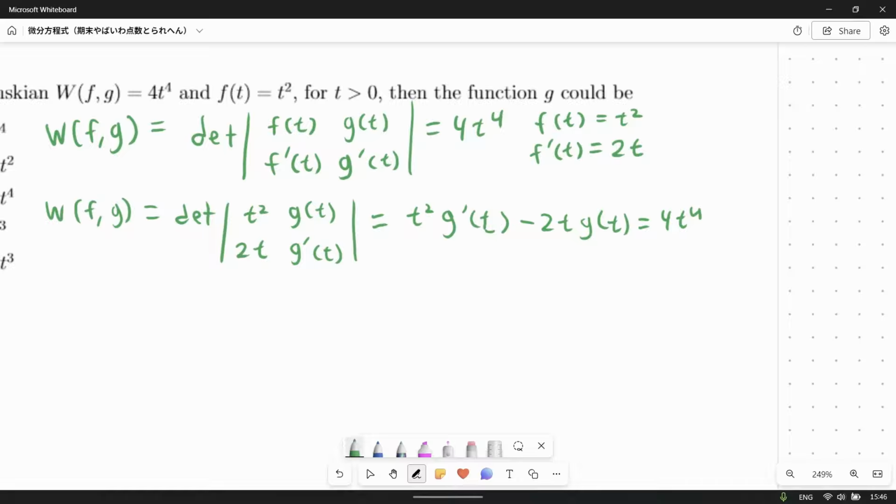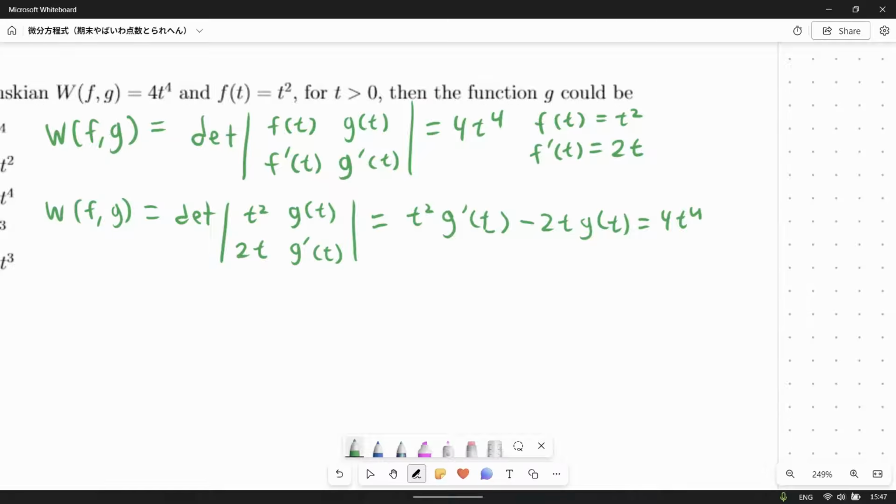From here, the next thing I'm going to do is divide this entire equation by t squared. When we do that, we end up with a differential equation whose general solution can be found using an integrating factor. So this Wronskian question in reality is actually just an integrating factor question disguised as something else.